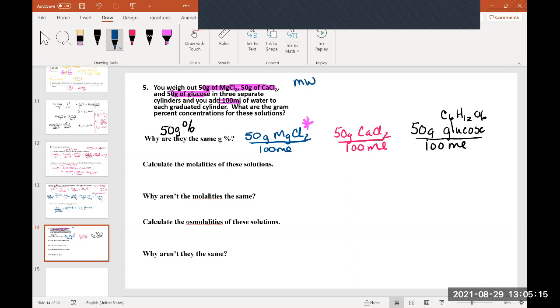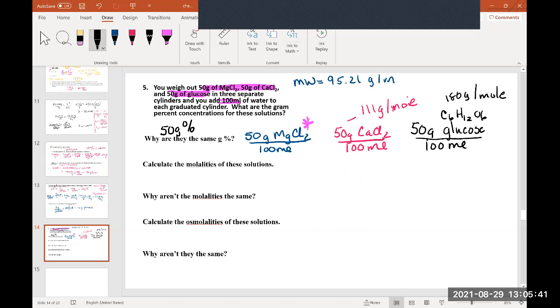Molecular weight of magnesium chloride, and again, you don't need to remember this. This is my job to give it to you on your exam, is 95.21 grams per mole. For calcium chloride, it's going to be 111 grams per mole. And for glucose, it is 180 grams per mole.